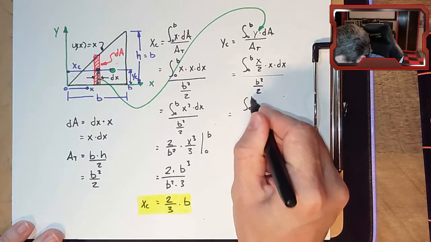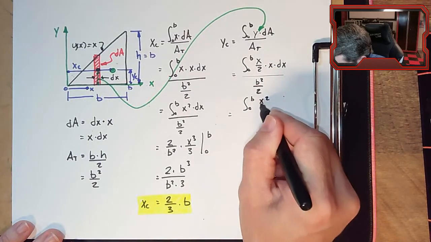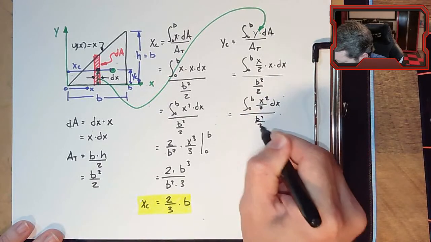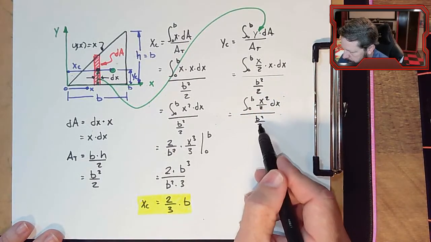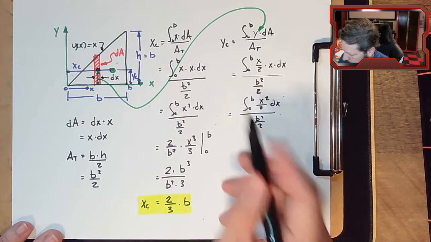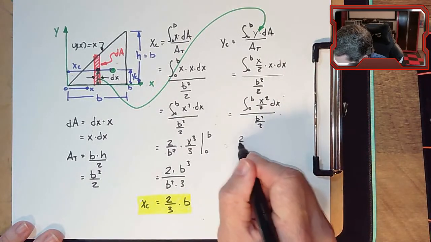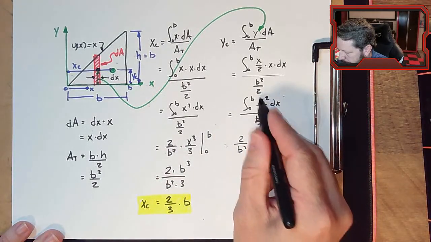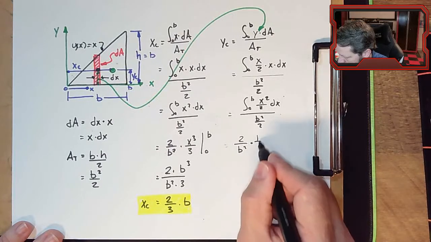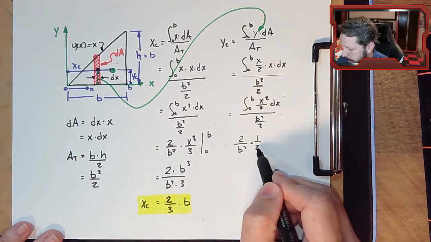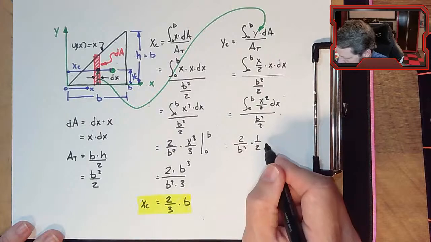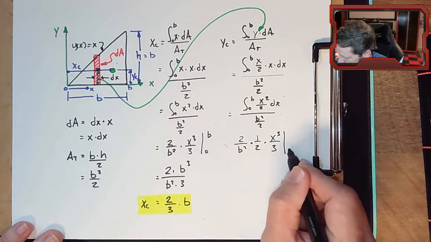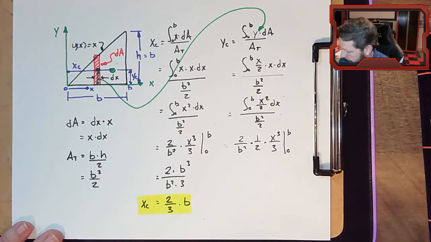So the integral from 0 to b of x squared over 2 dx, over b squared over 2. We'll take the b squared over 2 and move it to the numerator, so that's 2 over b squared, just like it was here. There's a 1/2 built in here, so take that out. It's just a constant. Then we'll integrate x squared dx, which is x cubed over 3, and evaluate from 0 to b again.